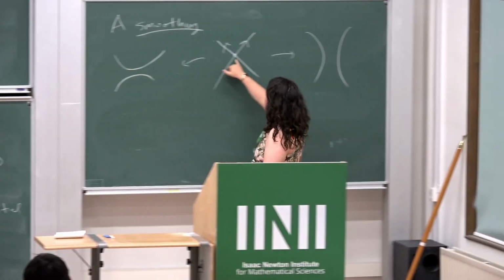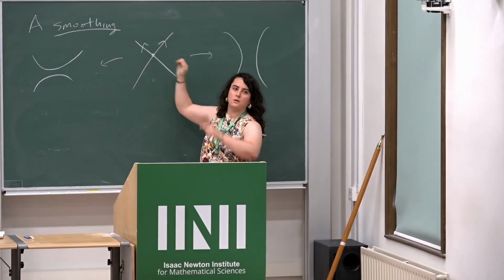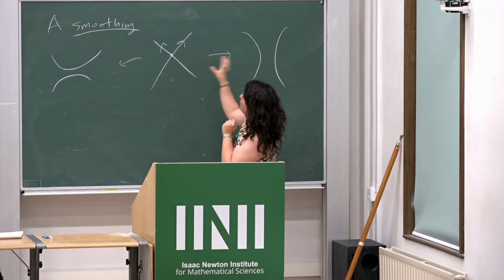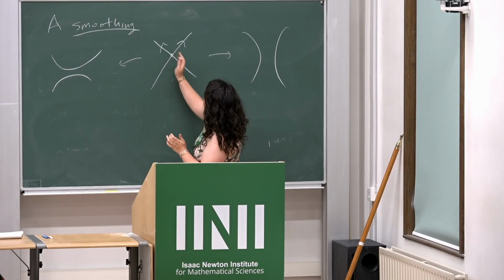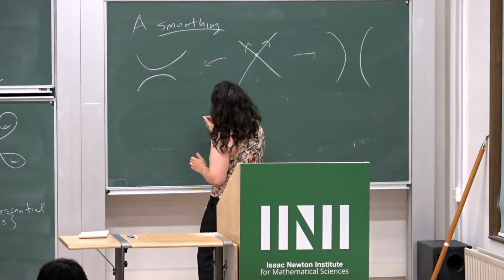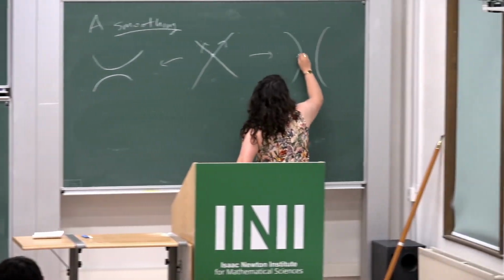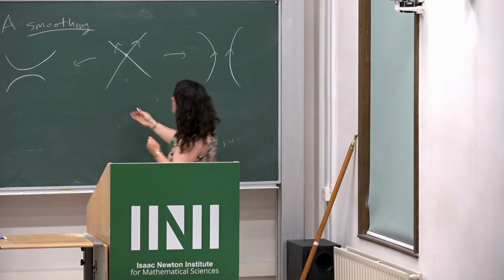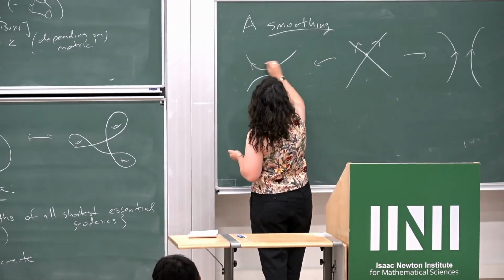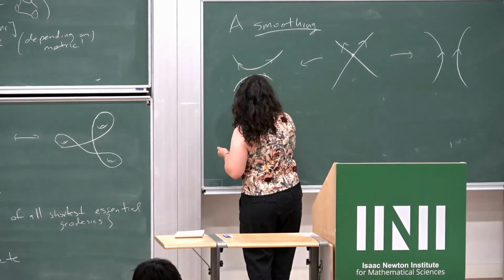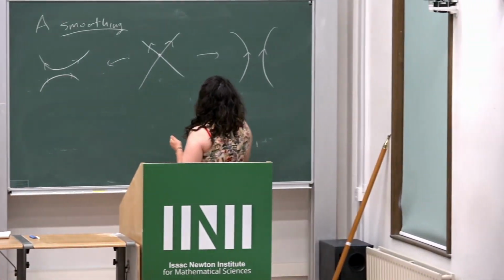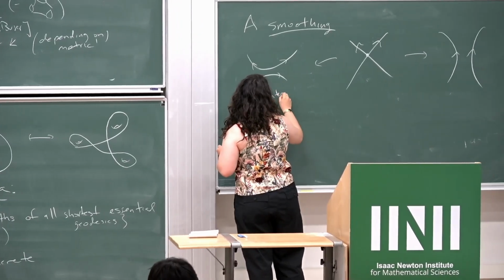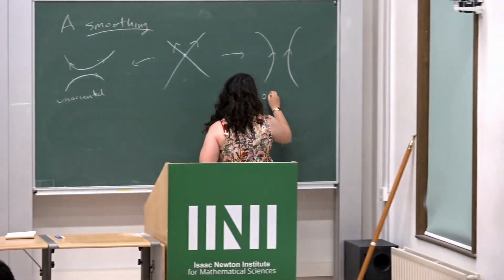You're deleting a neighborhood of the intersection point and you're rejoining the arcs. How are these two operations different? One of them preserves orientations, so the result gives you something that is already oriented, and the other one does not. If I try to orient this, I don't get anything sensible. This is called an unoriented smoothing. This is called an oriented smoothing.